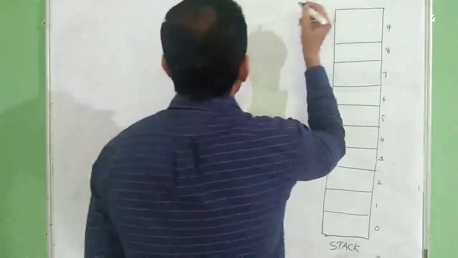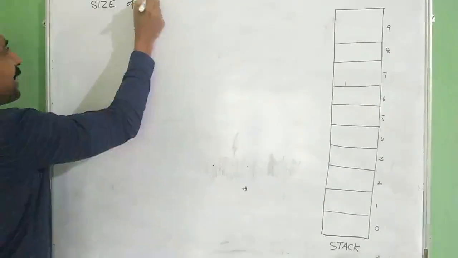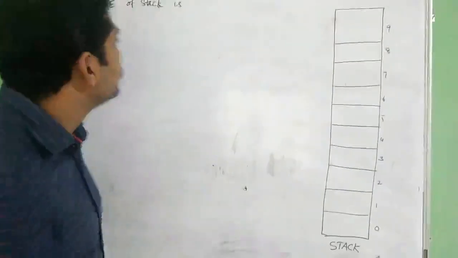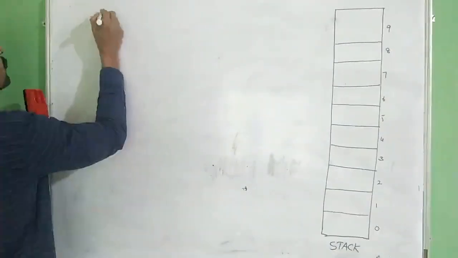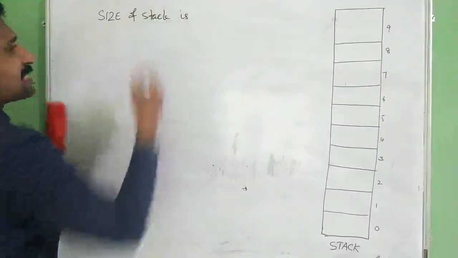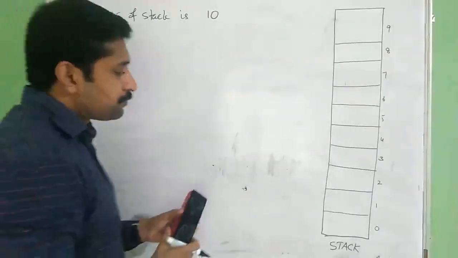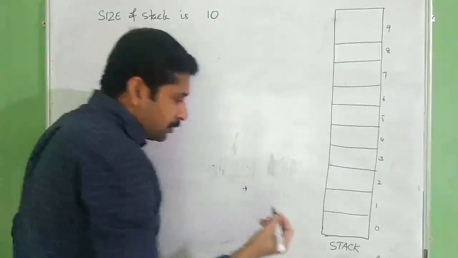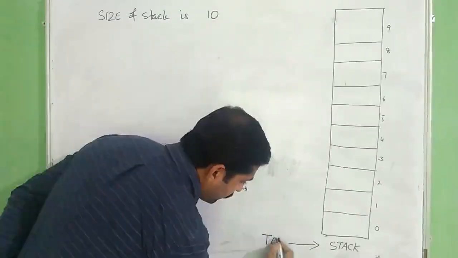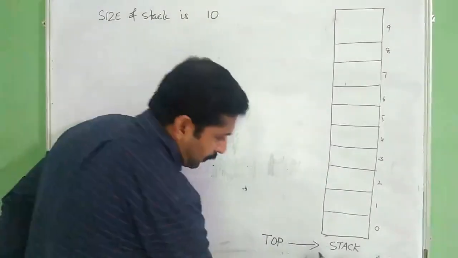So here the size of stack is 10. Now initially we will keep a pointer that is called the top, and its initial value will be -1.